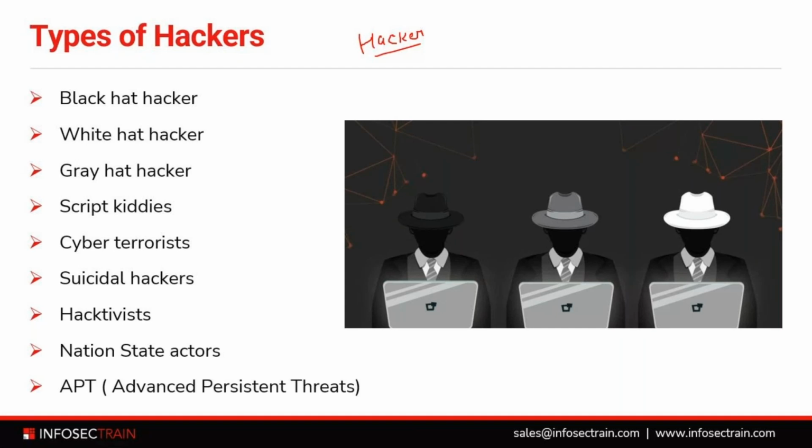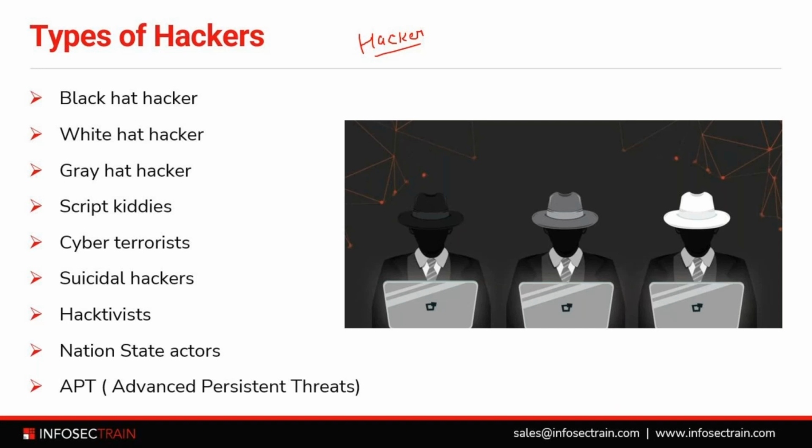So when we talk about hackers, a hacker is a person who basically has sound knowledge about networks and system administration. That person is called a hacker. If you are good with system administration and you have good information about networks, you will be called a hacker, right?